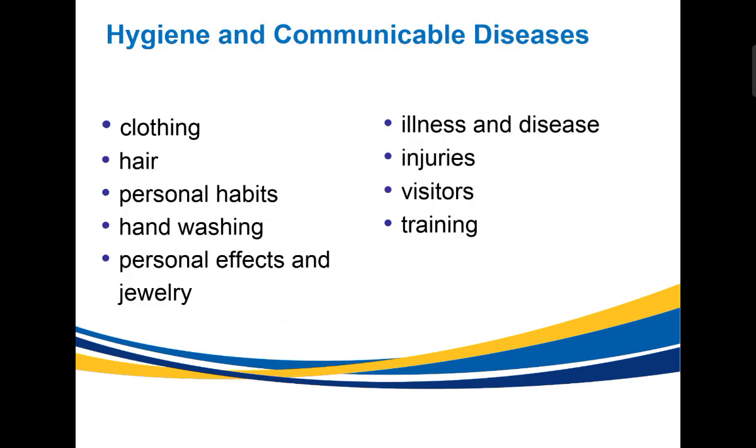So, what could be the causes of communicable diseases or poor hygiene? Clothing, hair, personal habits, hand washing, improper training, visitors' entry, injuries. These are some factors that could affect communicable disease and cause poor hygiene practices.